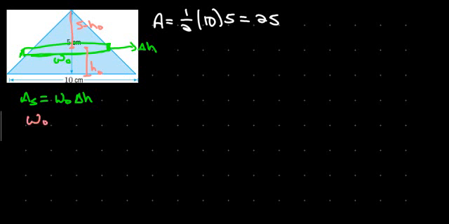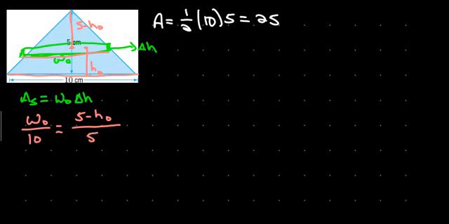W naught over 10 equals 5 minus H naught over the total height, which is what, 5?